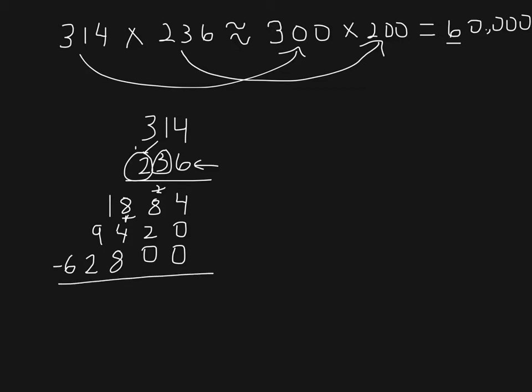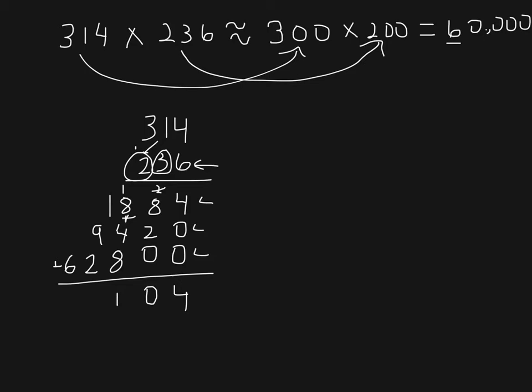And my final step is to add each of my partial products up. 4 plus 0 plus 0 is 4. 8 plus 2 plus 0 is a 10, which means I have a 0 in the tens place, and I've got 10 tens as 100, so I'll put that 1 in the hundreds place and add it in. 1 plus 8 is 9, plus 4 is 13, plus 8 is 21.